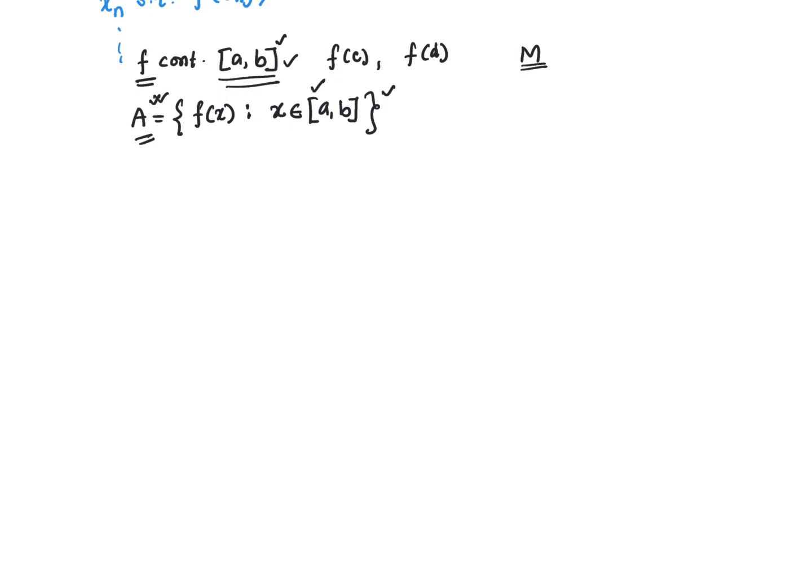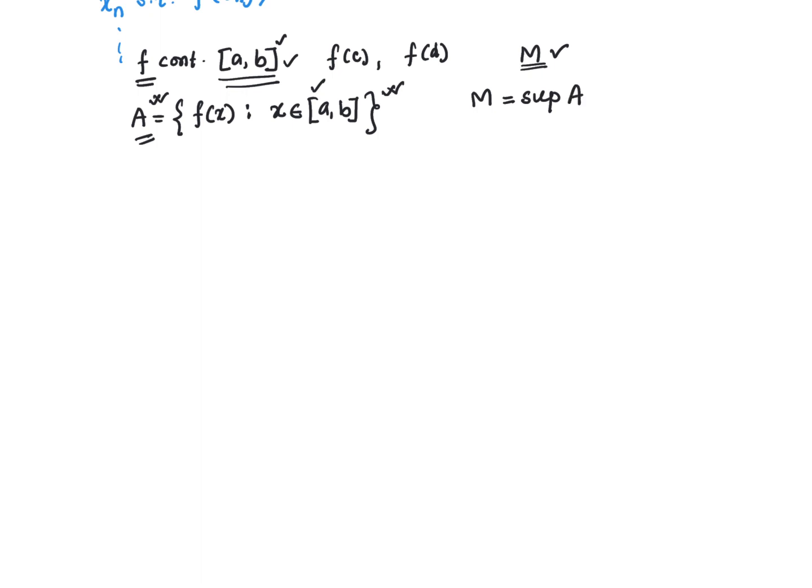There is a least value among all the possible such M's, which we call the supremum. So if this set has an upper bound, among all the possible upper bounds, there is a least value. We call it the supremum. Let's say M is the supremum of the set A.